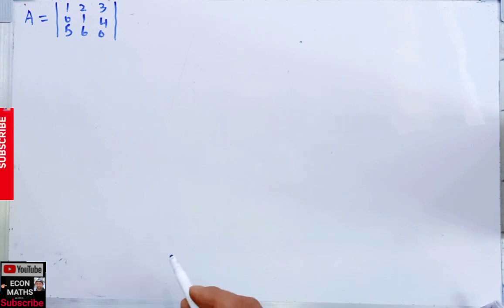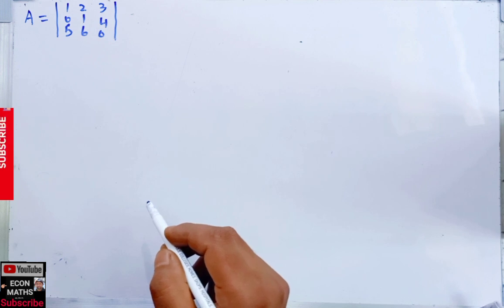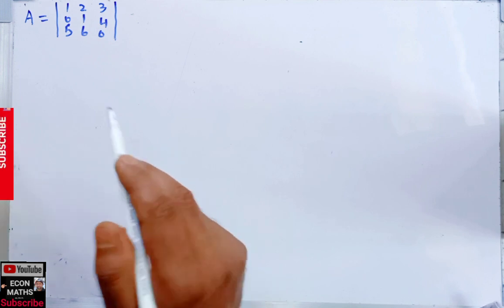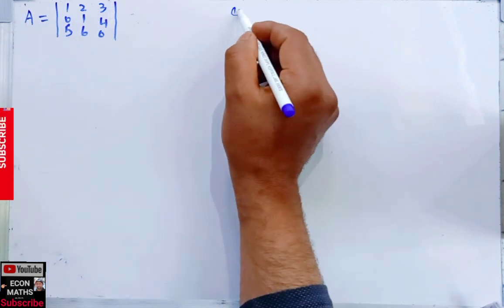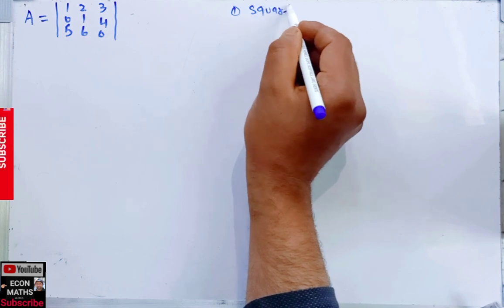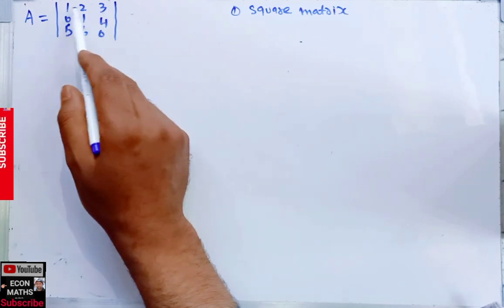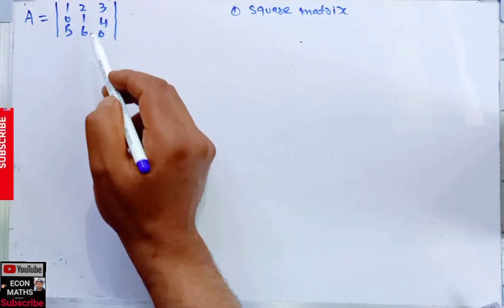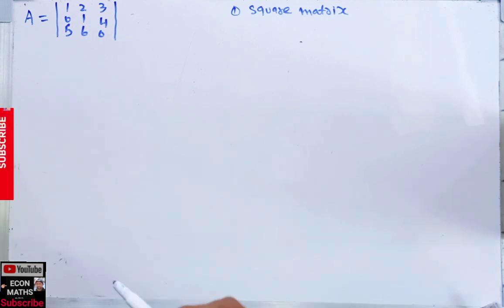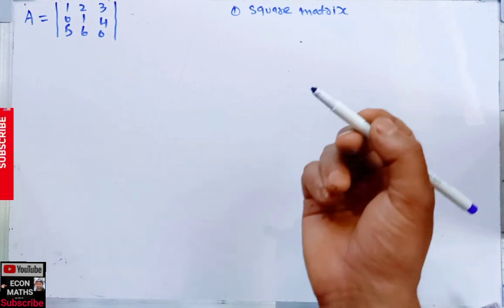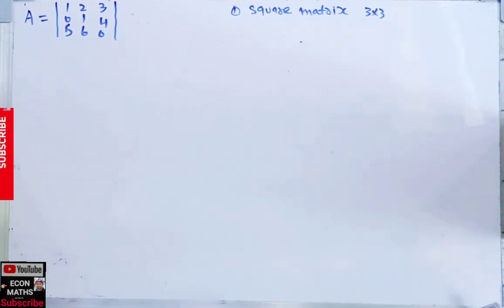This is the given matrix, and I have to find its inverse. The first condition is that the given matrix must be a square matrix, which is the case here because the number of rows is 3 and the number of columns is 3. So the rows and columns are equal here.